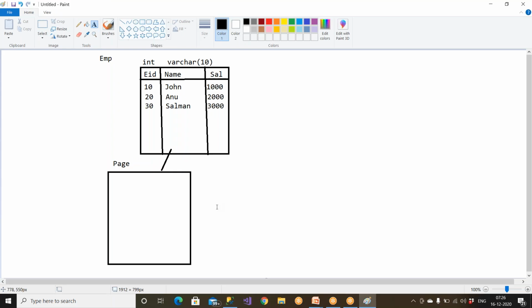Pizza will get converted into glucose, carbohydrates, then vitamins, and at the end of the day, all this pizza will go into the blood. That is how the conversion happens internally. You should be aware that when you store the data, it will not get saved as it is in the table. It will go to the data file, and the data file will have a page.